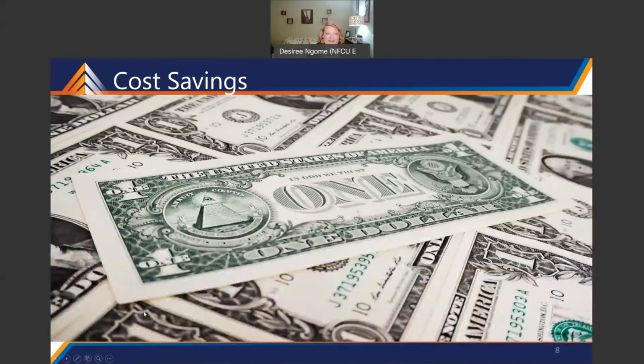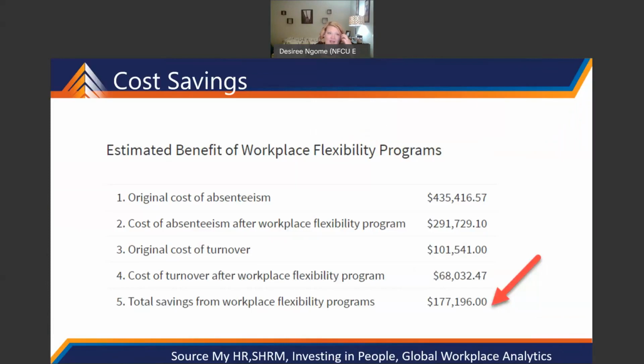So you're probably thinking, all right, show me the money, Desiree. So without further ado, let's look at the savings cost, right? According to Global Workplace Analytics, businesses would save an average of $11,000 per half-time telecommuter per year, so half-time.